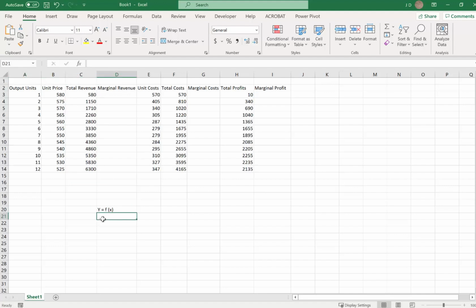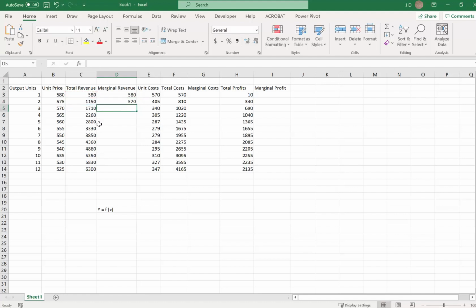In calculus terms, that is delta Y. What is delta Y given delta X? So here, the marginal revenue from 0 to 1, our revenue increased by 580, and from 1 to 2, our revenue increased by this minus that.